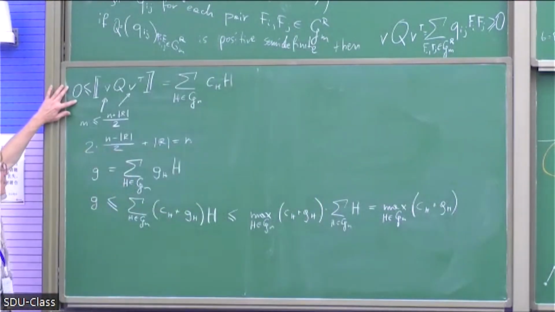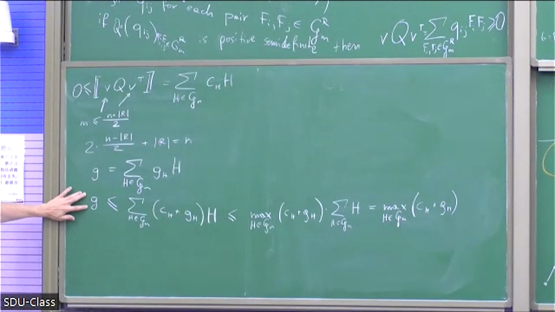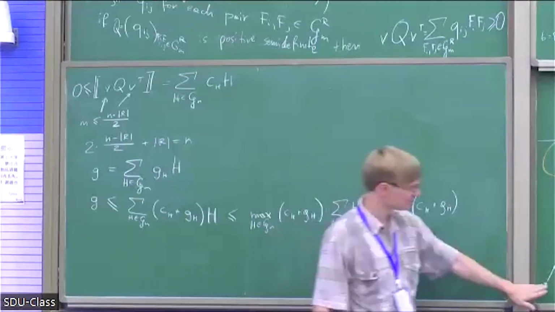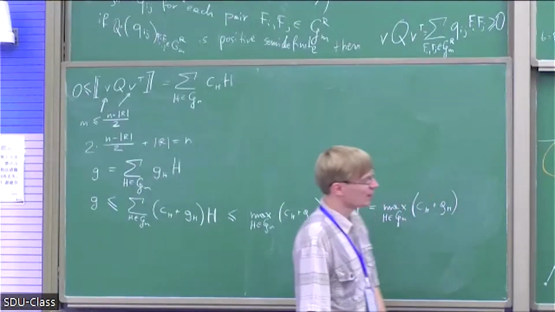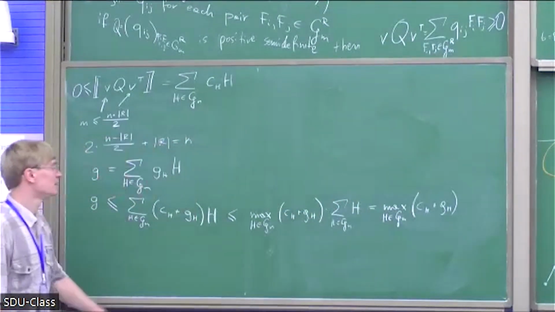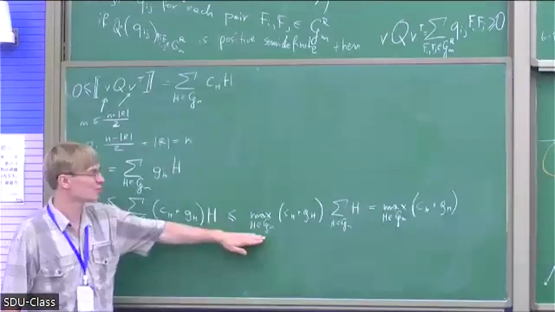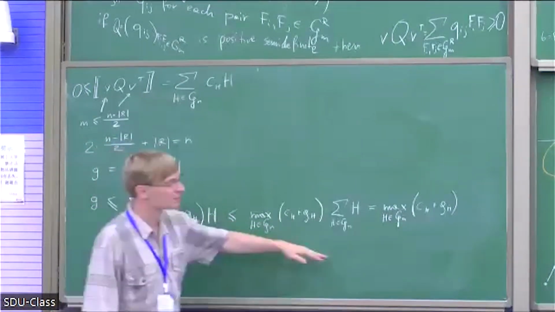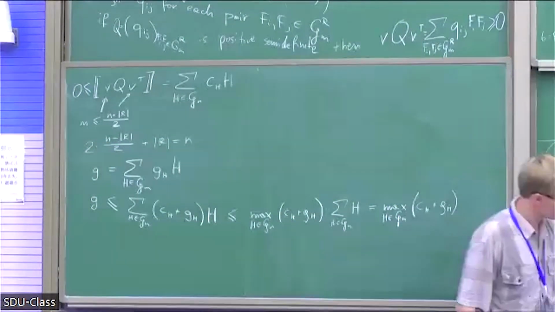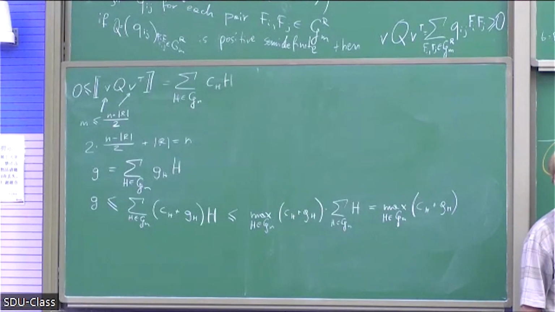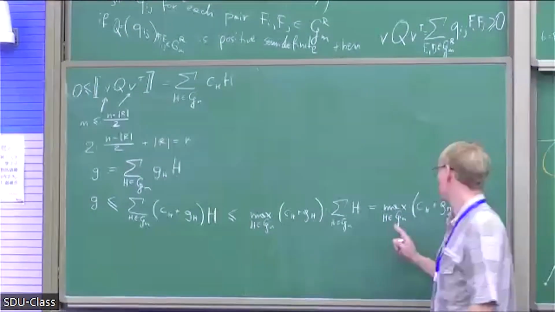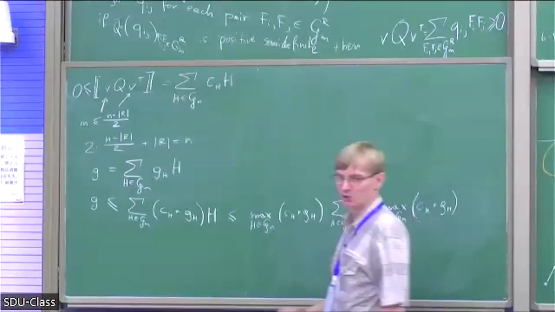And then I sum it up with my expression of G, and I get this inequality. And finally, I bound it by the maximum coefficient that appeared here. Yes, so the triangle is 0, this does not exist, and here the maximum coefficient is half. And this gave me exactly the bound I needed.